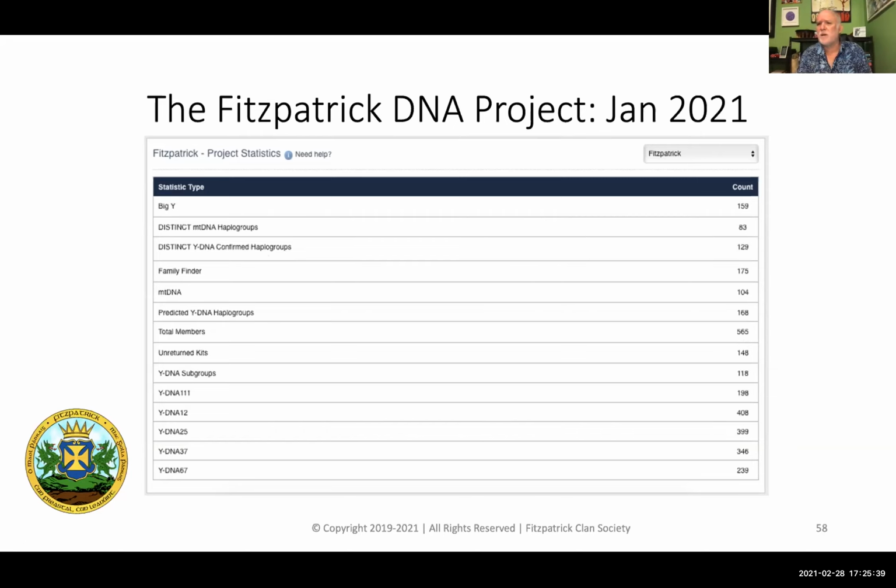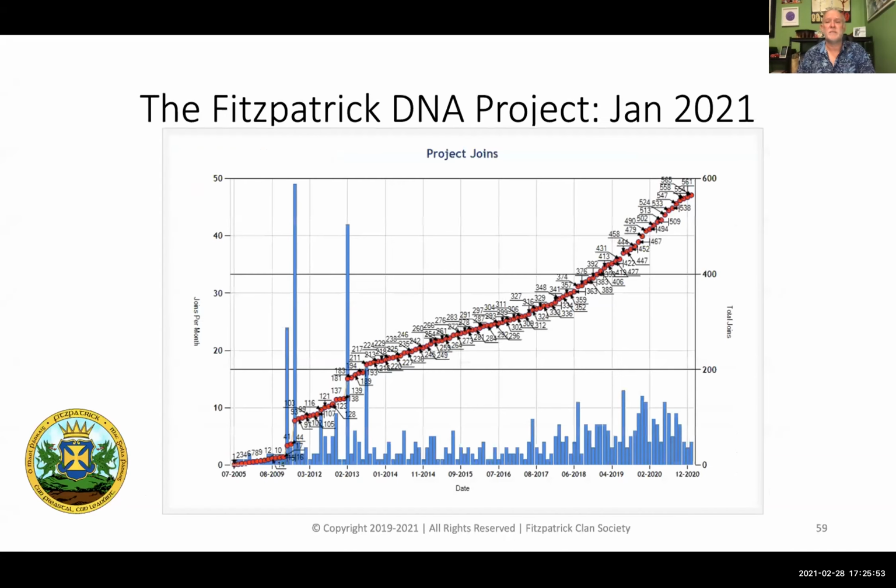If you look at the Big Y, the autosomal, the 111 and 67 marker tests, we're probably sitting around 300 to 400 active members. So it's a good sized surname project. It just keeps growing and growing and growing. There's a plot of how the project is active, and we will continue to grow. There's a huge amount of interest in genetic genealogy.